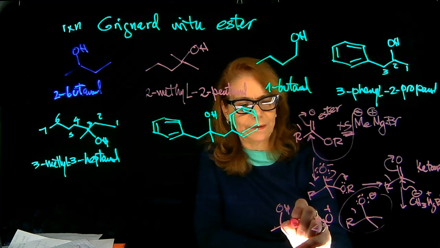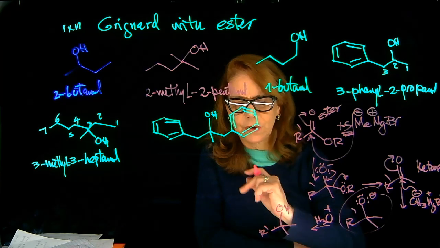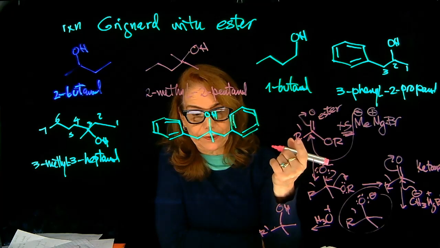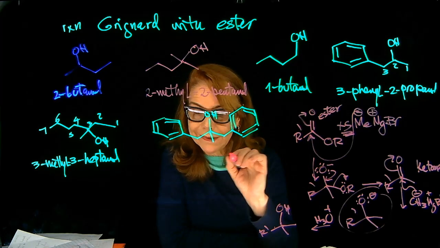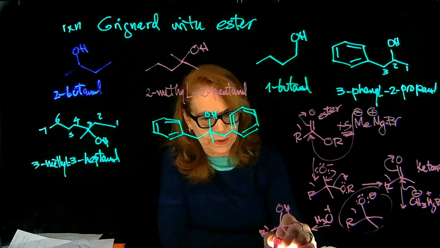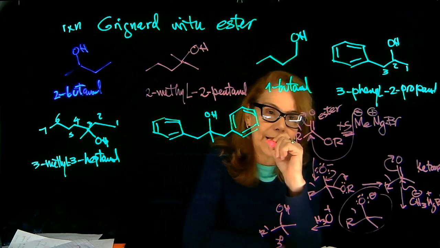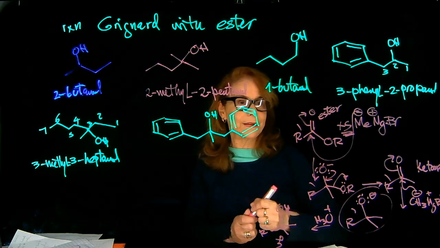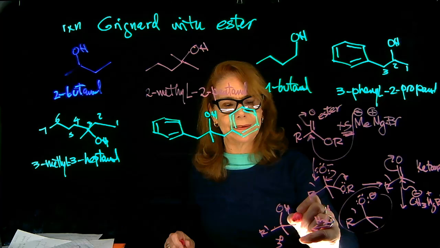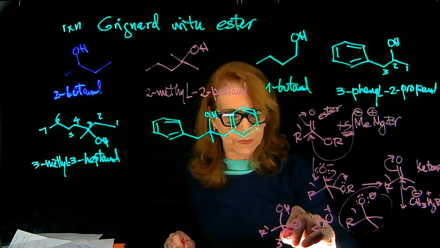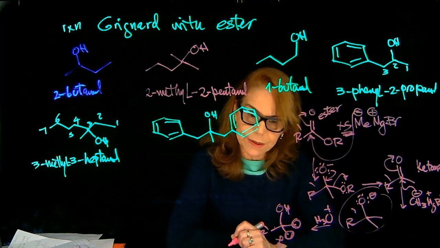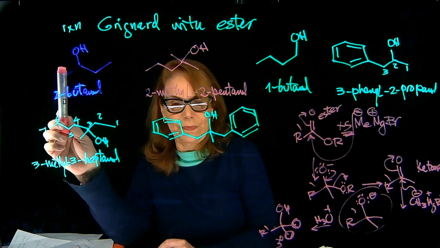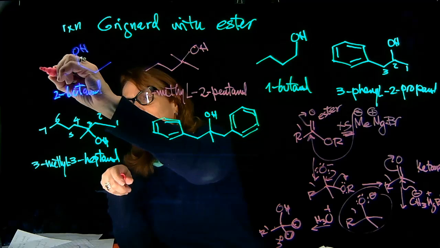So knowing this, let's analyze the structures that we have. To be able to make it from an ester, you're always forming a tertiary alcohol, one thing. And the other thing that is important to note is that you're having an excess of this reagent, and these two groups are the same, which are coming from the Grignard. So let's analyze the structures then. What we have here is a secondary alcohol.